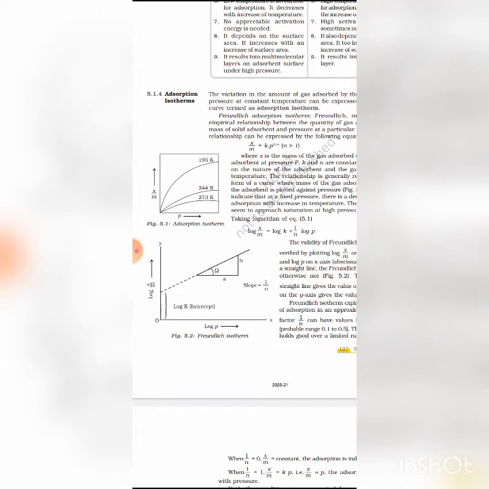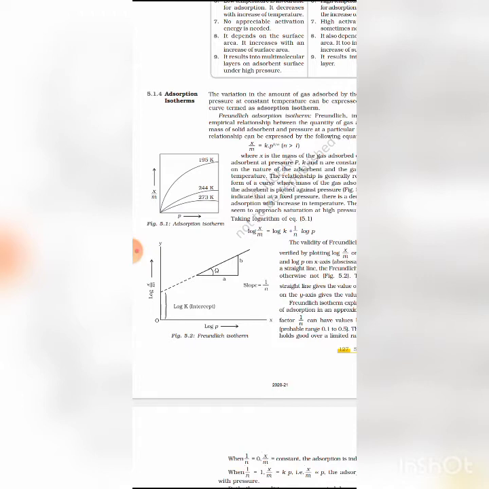This isotherm explains the behavior of adsorption approximately, and 1 by n can have any value between 0 to 1. When 1 by n equal to 0, then x by m equal to k, which shows that adsorption is independent of pressure.